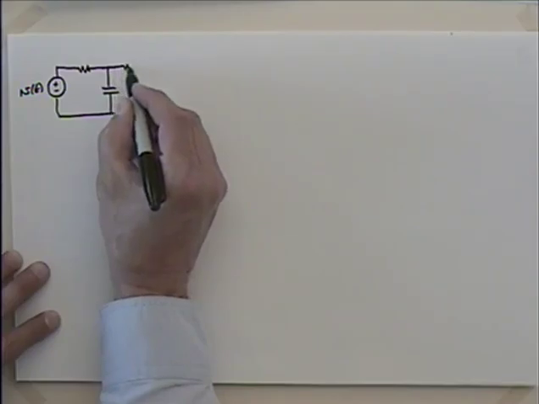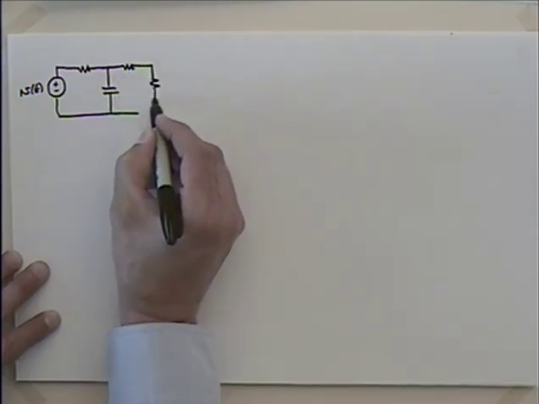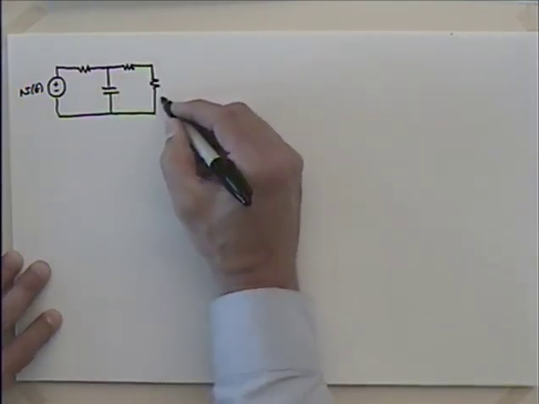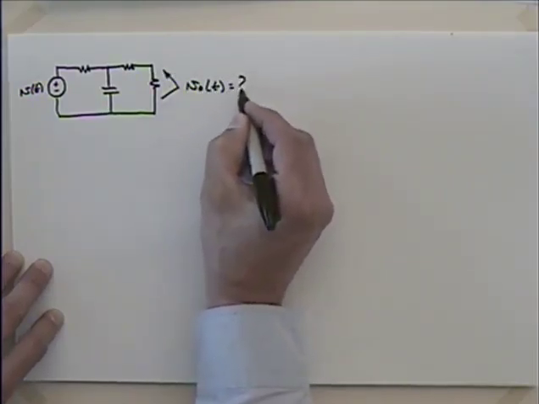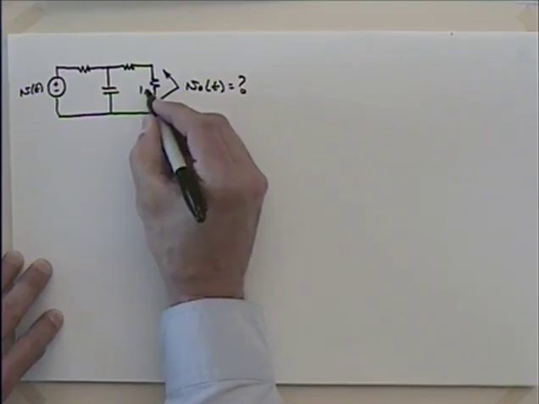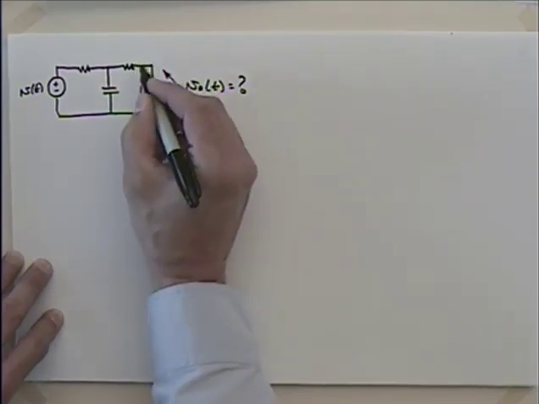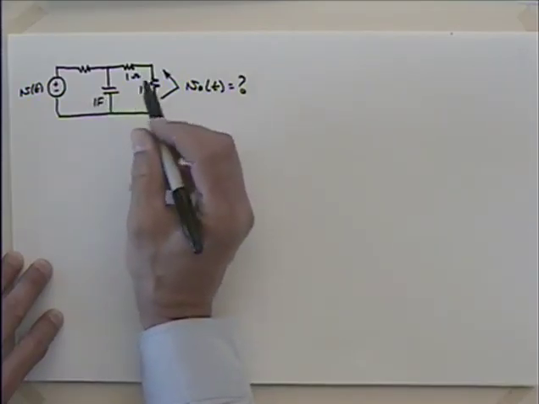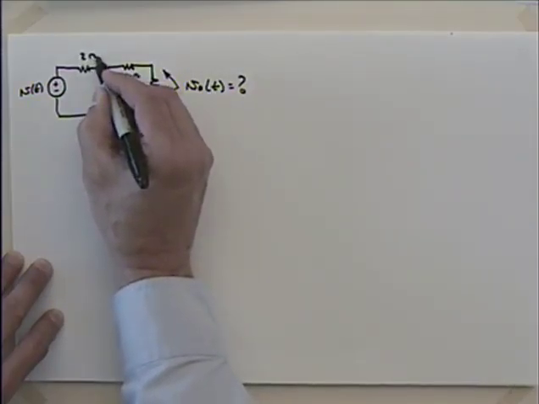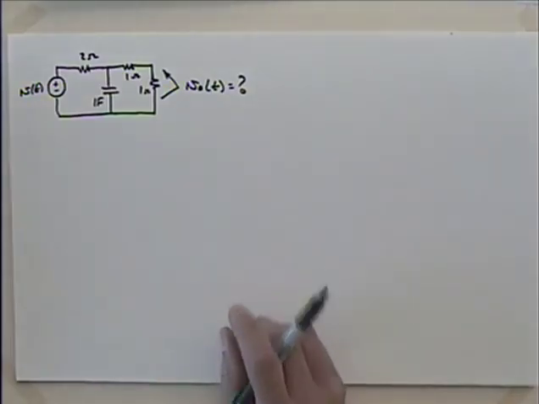We make this a little more challenging transfer function than we've seen in the past. And we'll talk about V naught of t. So I'm going to look for that. I'll say that this is 1 ohm to keep the numbers easy. We'll say this is also 1 ohm. We'll say this is 1 farad. That's kind of weird, but keeps the numbers easy. And 2 ohms on that one.